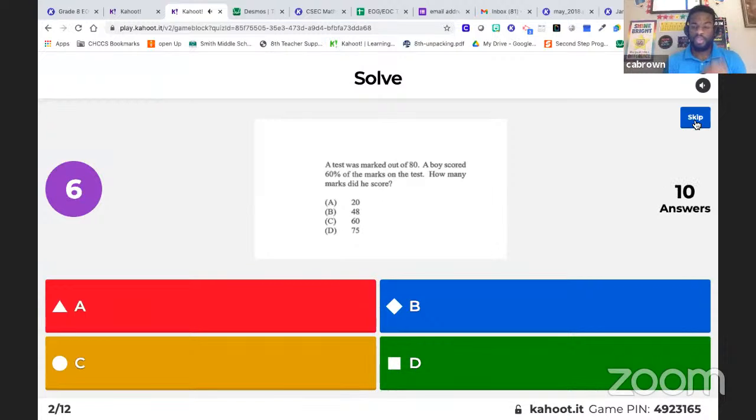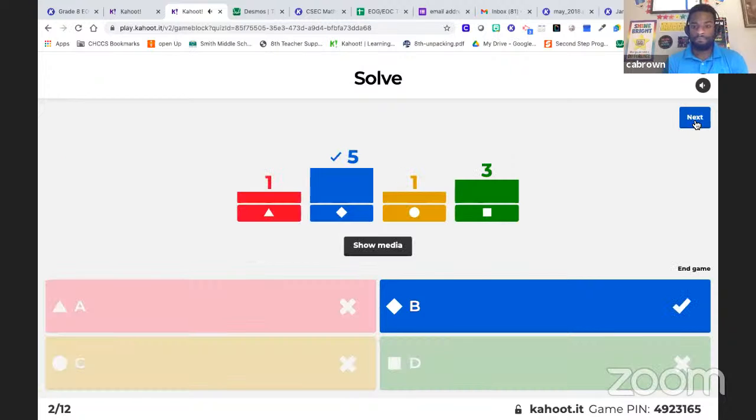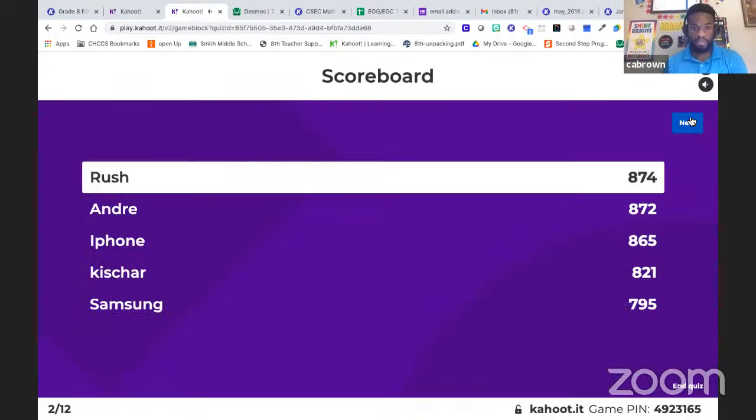And of course, all the questions are past CSEC questions from multiple choice papers. All right, so the answer was B. 5 people got it right.